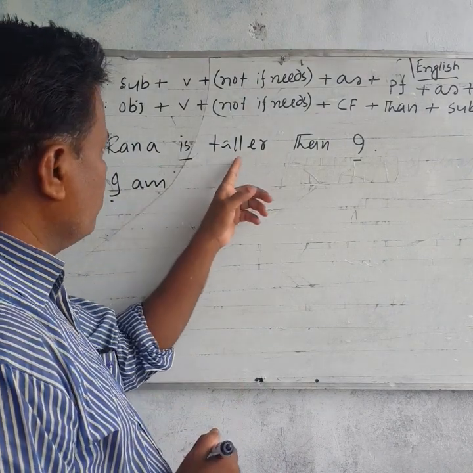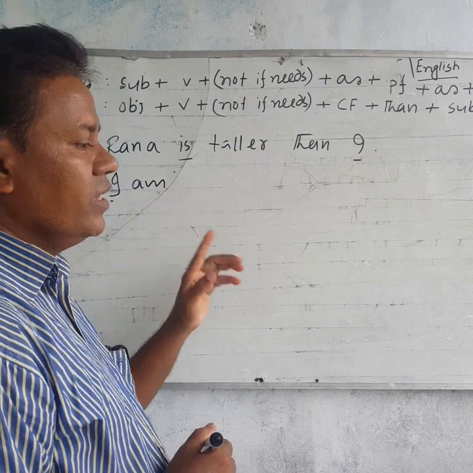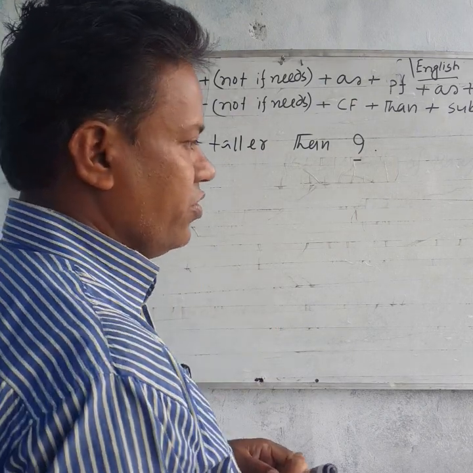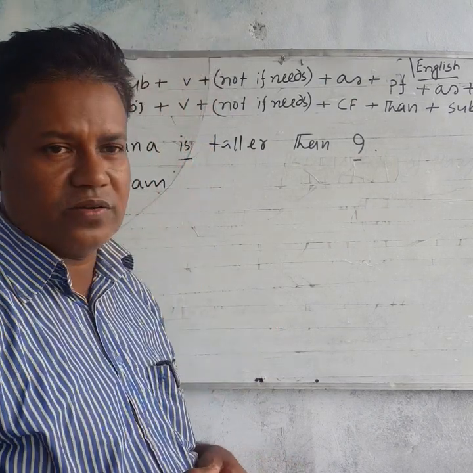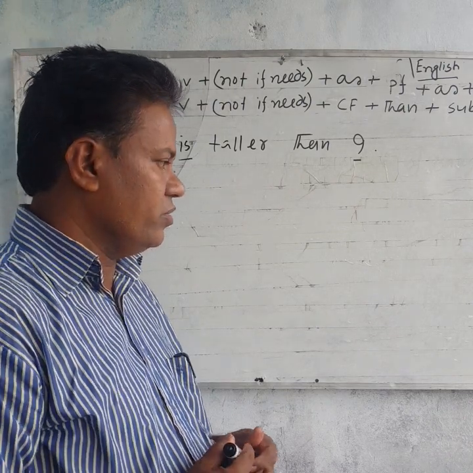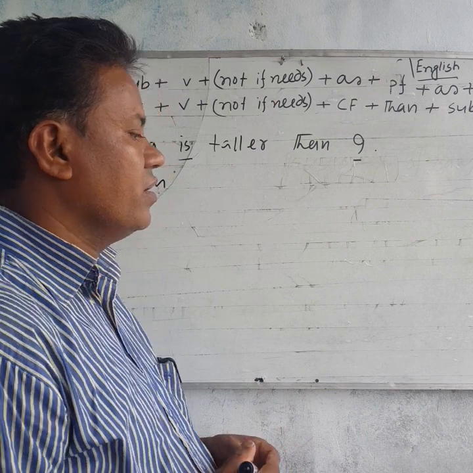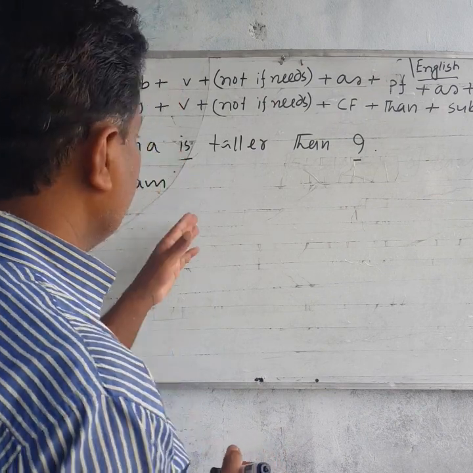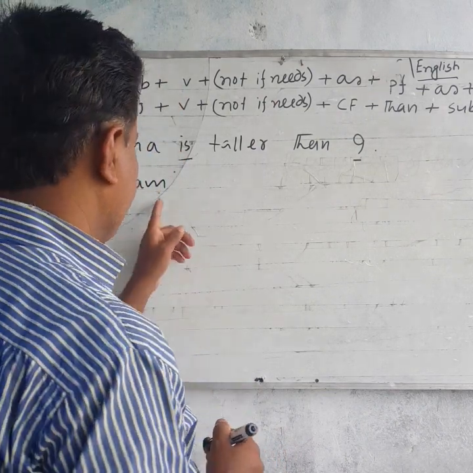Here is no not. If there is no not, then when you do the answer, you must put here not. So I have to put here not after verb.